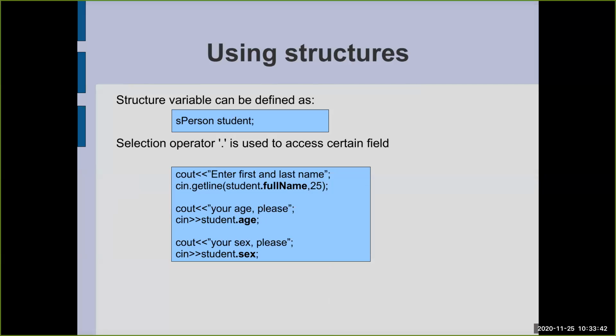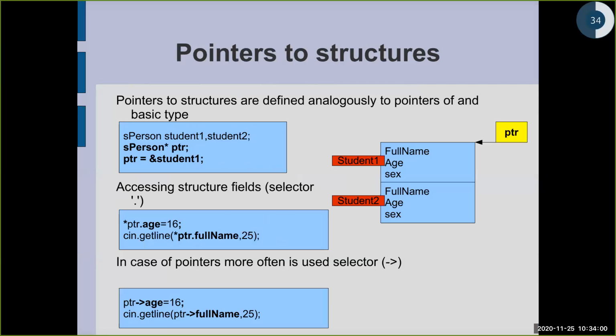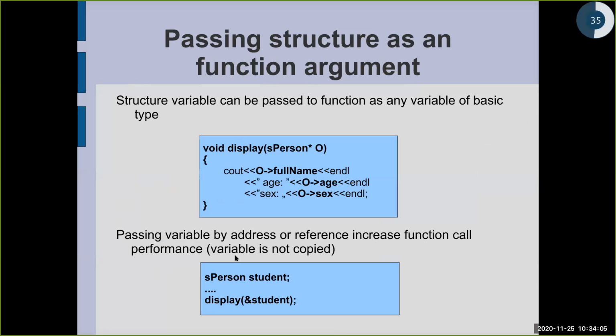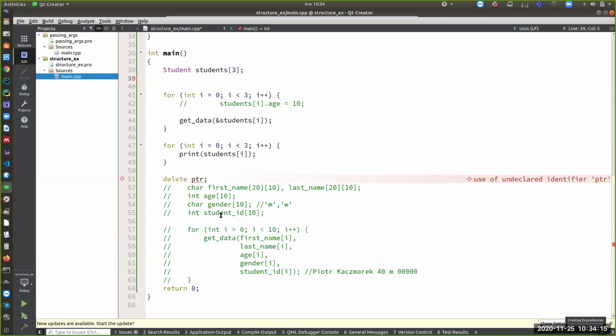Here you have some examples which are similar to those I presented before: arrays, pointers to structures, passing arguments. Now I'd like to tell you about memory allocation.